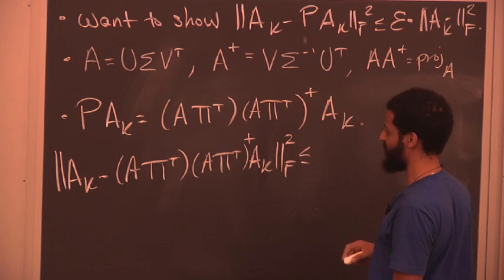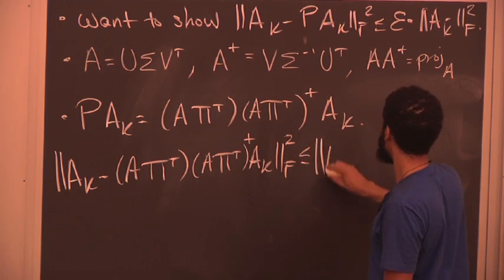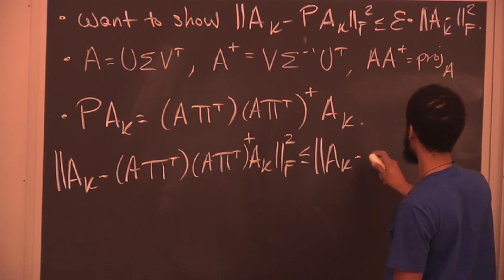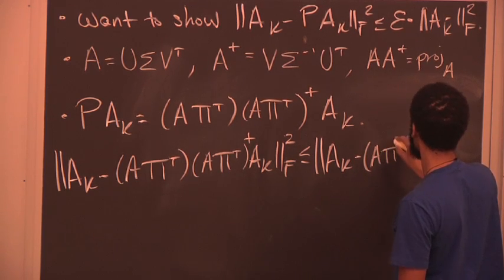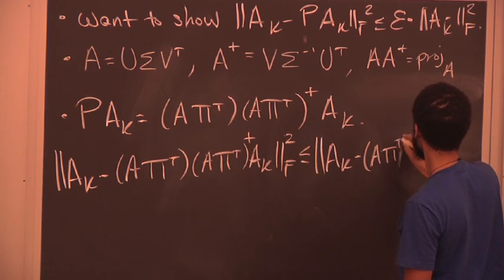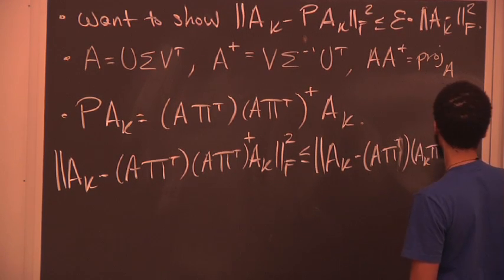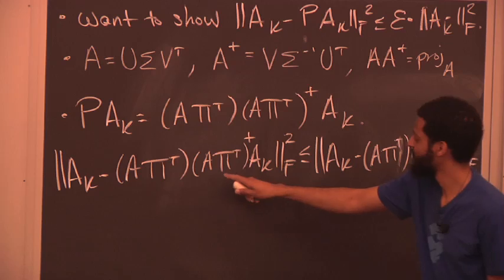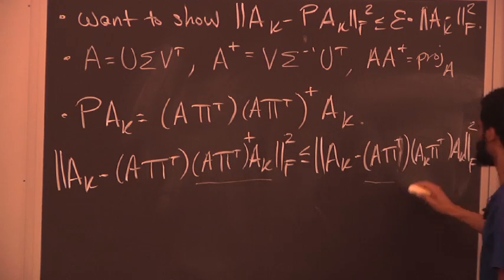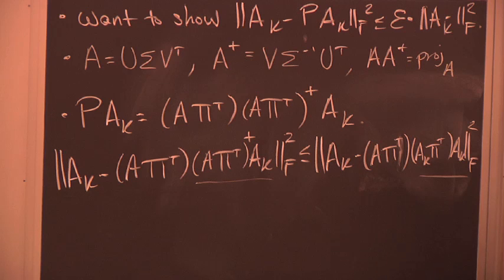So let's do that. We're going to bound this by the Frobenius norm squared of AK minus A pi transpose AK pi transpose AK. So I just replace this part with this. Again, this is another rank K matrix in the column space of A pi transpose.